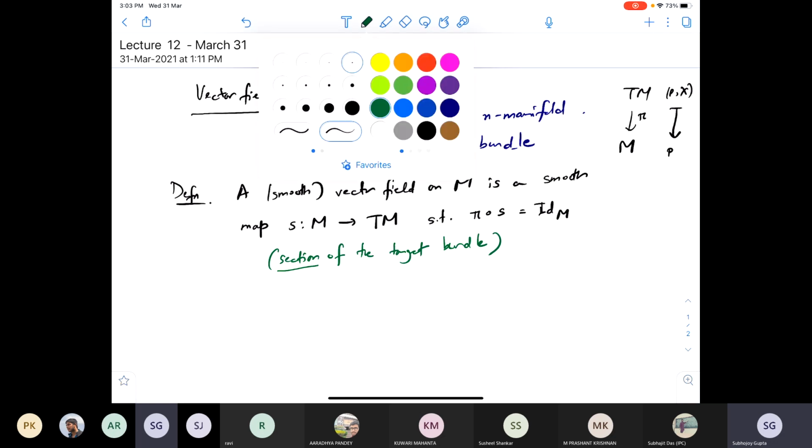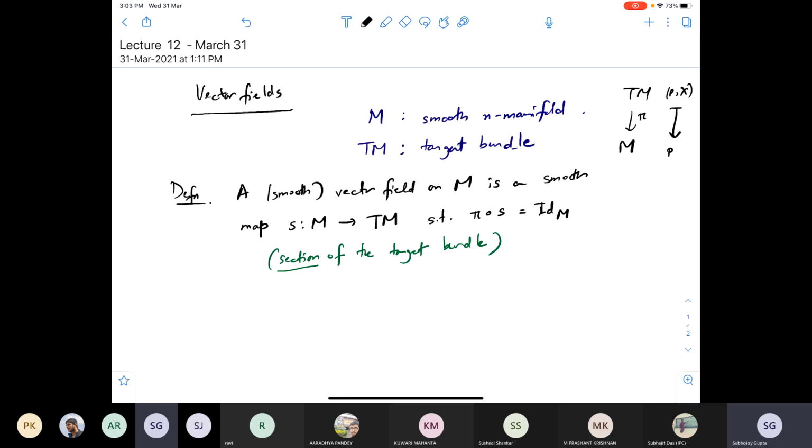All right, and so what does it really mean? What does it give you? Well, it gives you, for each point P in M, what is S of P? Well, it's a tangent vector.